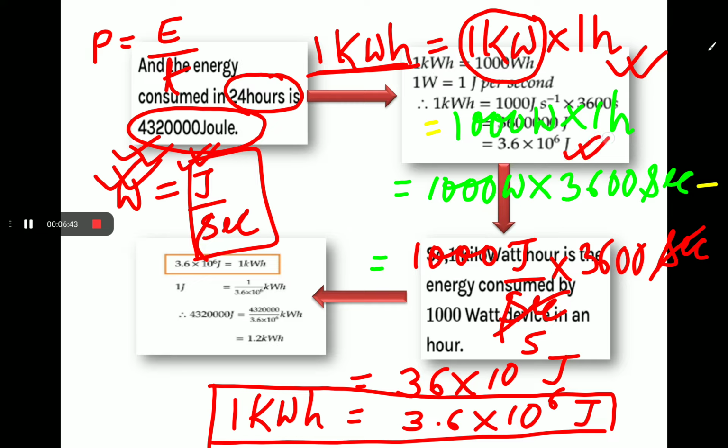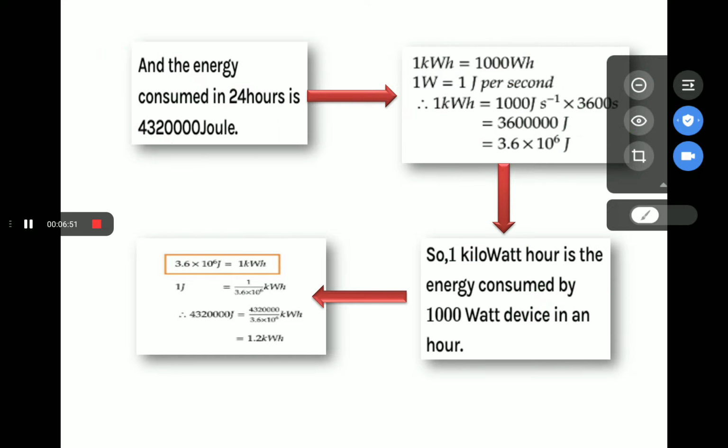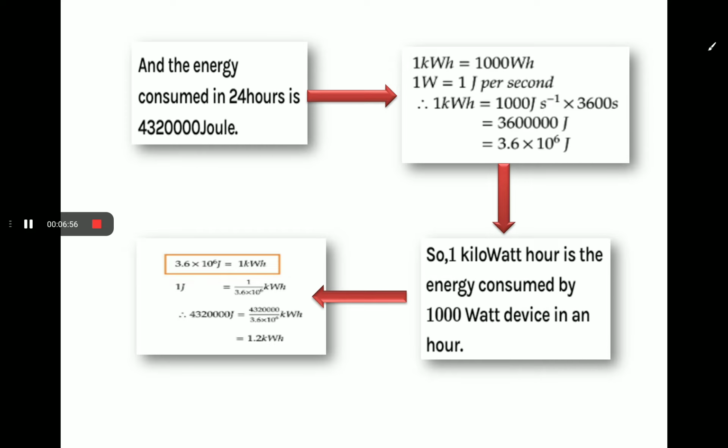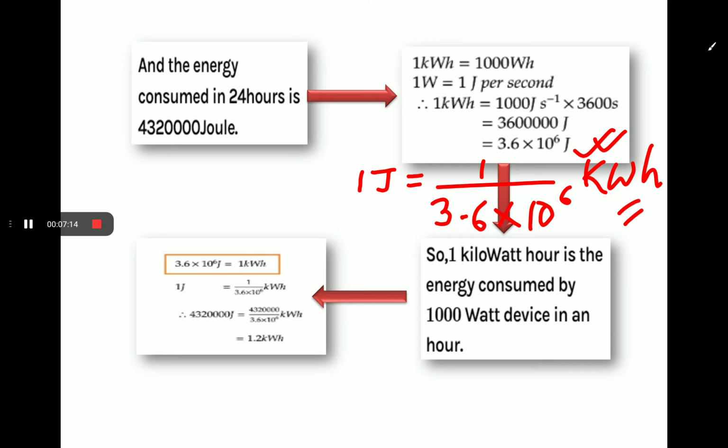This relation is also written here. As you can see, 1 kilowatt hour is equal to 3.6 into 10 to the power 6 joule. That means 1 joule is equal to 1 by 3.6 into 10 to the power 6 kilowatt hour. This is the conversion.